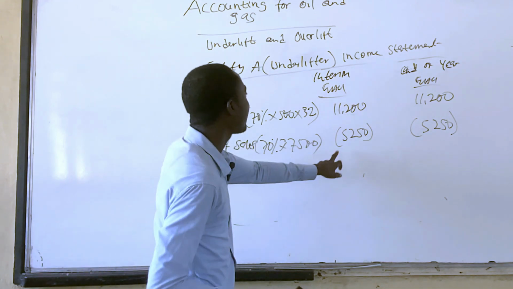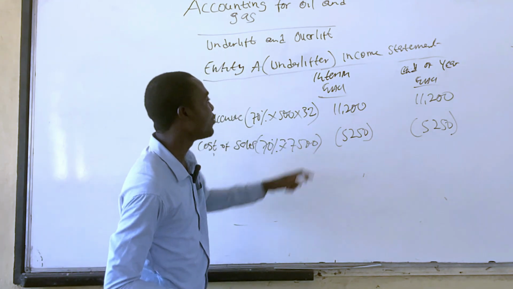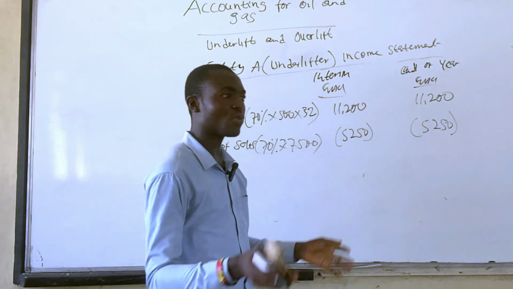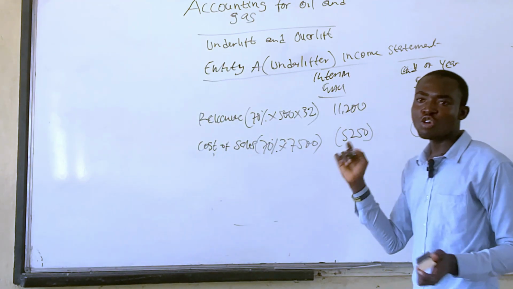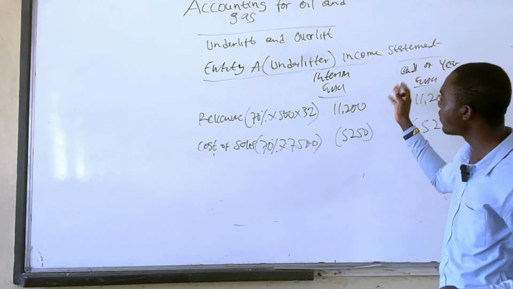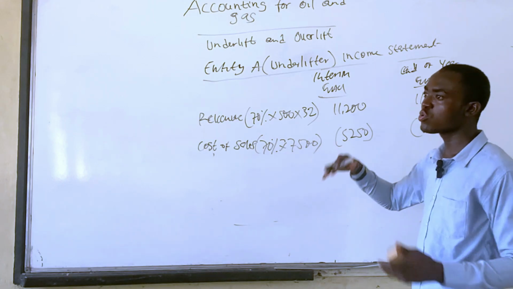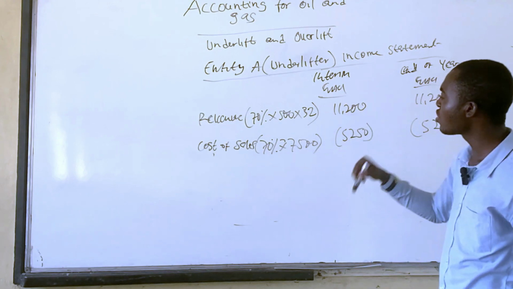So you less the cost of sales from the revenue to get your gross profit or gross loss. Gross loss will occur when the cost of sales exceeds your revenue, and gross profit will occur when your revenue exceeds your cost of sales.